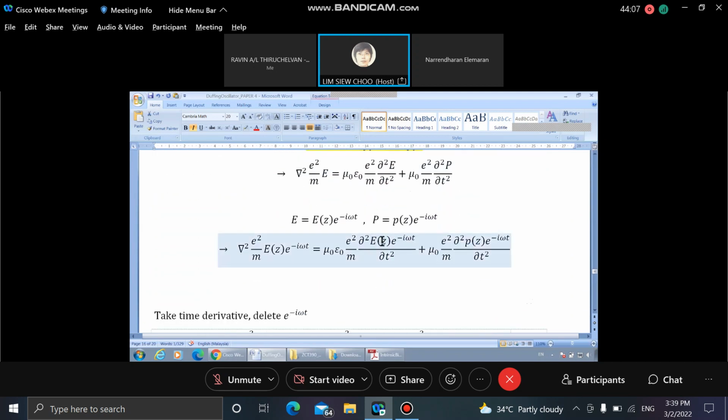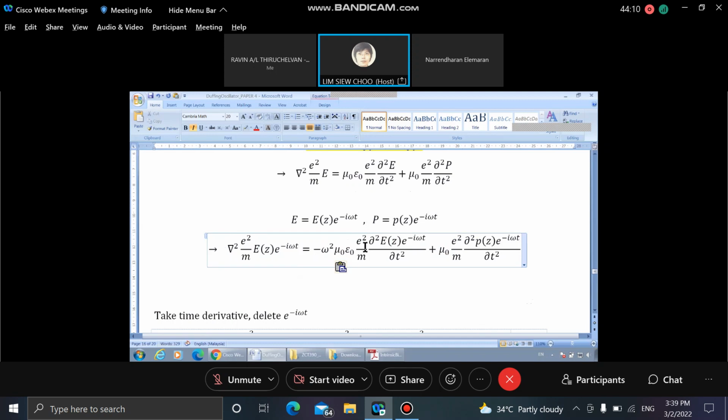After we take the time derivative, we have this minus omega square, and then the time derivative is gone. I just work it out slowly. You have minus omega square also here. So you are left with this, and then every term carries this, right?